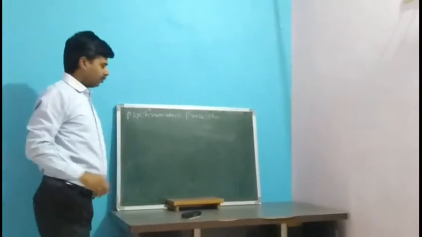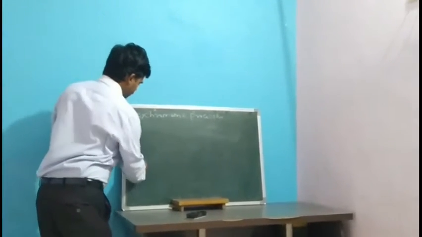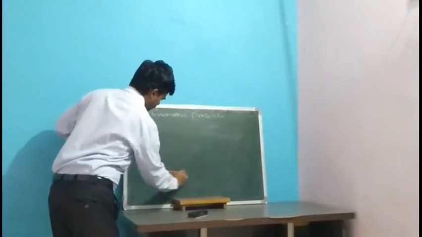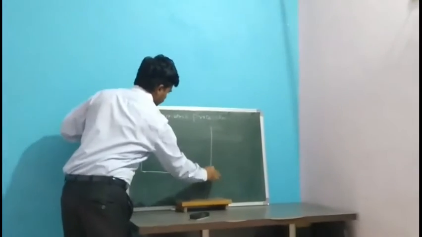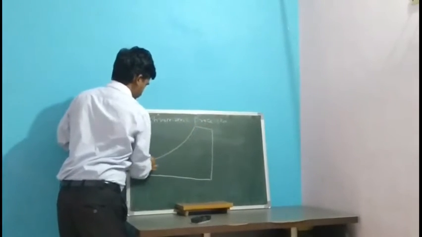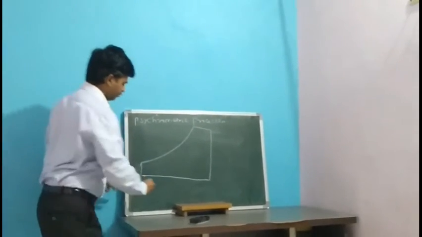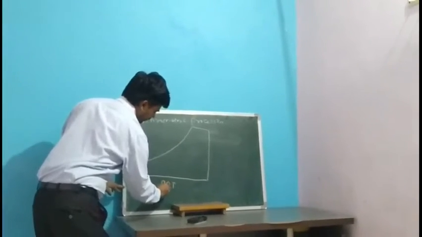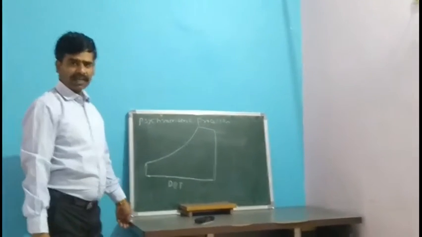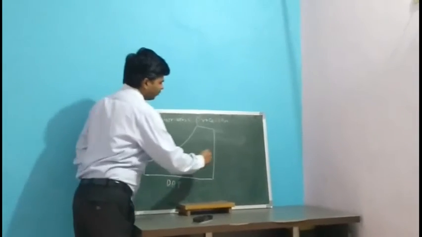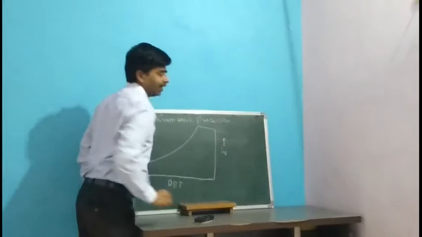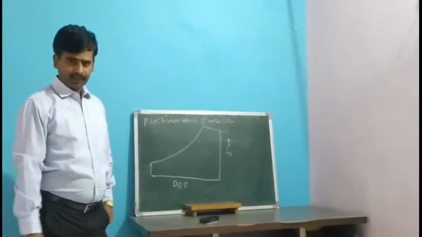Now, if we recall the psychrometric chart, on the psychrometric chart, as we know, the x-axis represents the DBT, that is known as dry bulb temperature, and the y-axis represents the W, that is known as specific humidity.